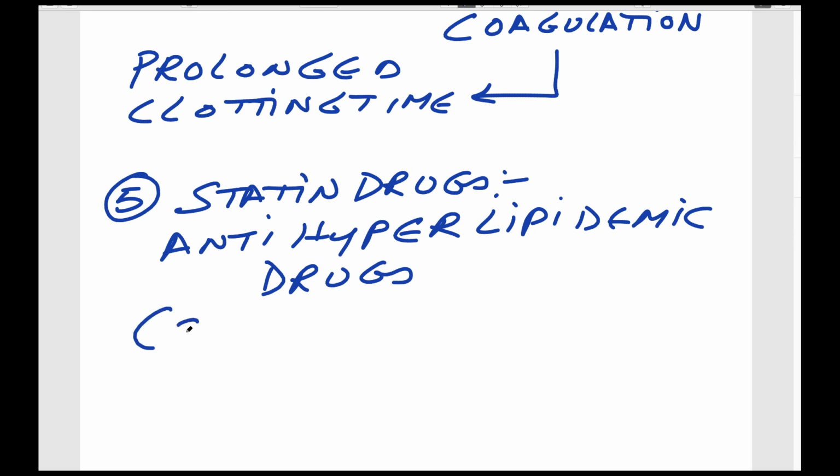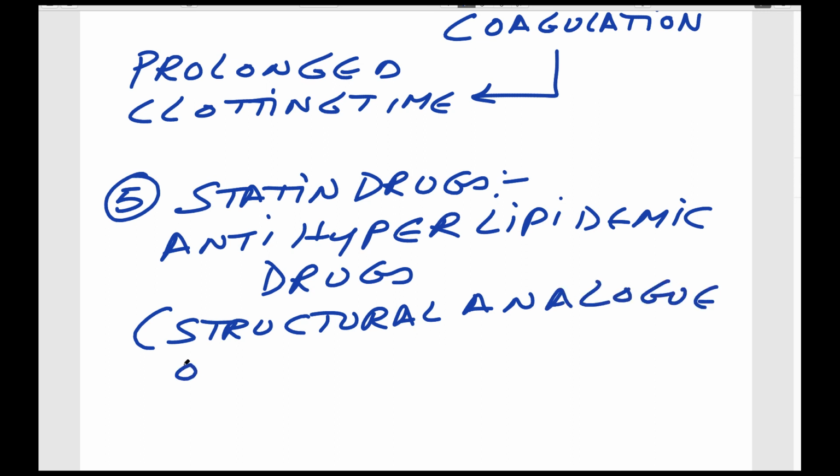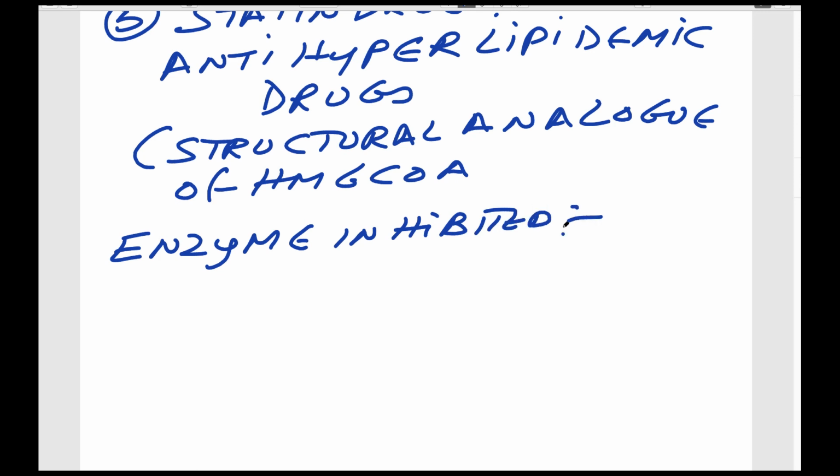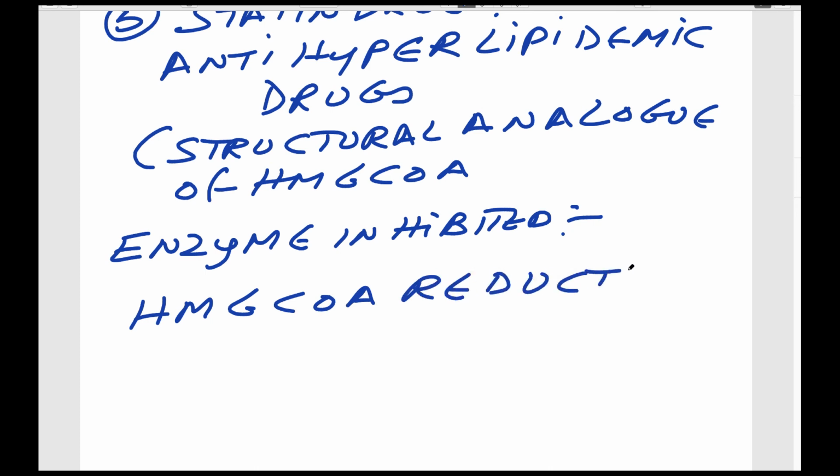They are structural analogs of HMG coenzyme A. The enzyme inhibited is HMG coenzyme A reductase, hydroxymethyl glutaryl coenzyme A reductase.